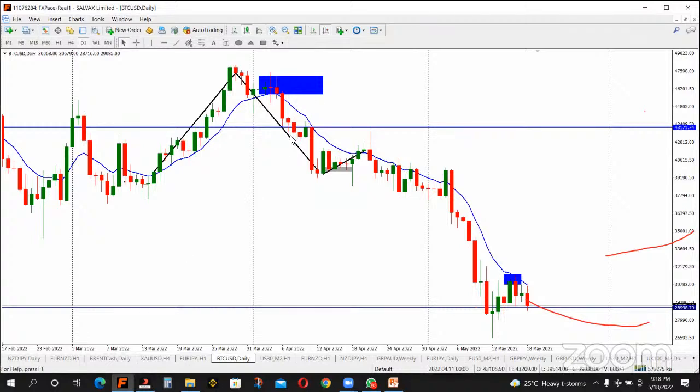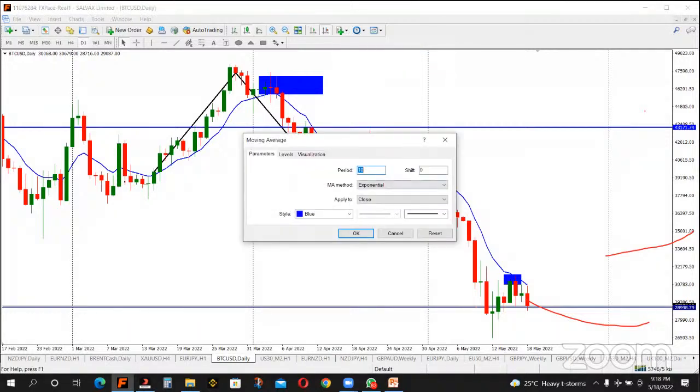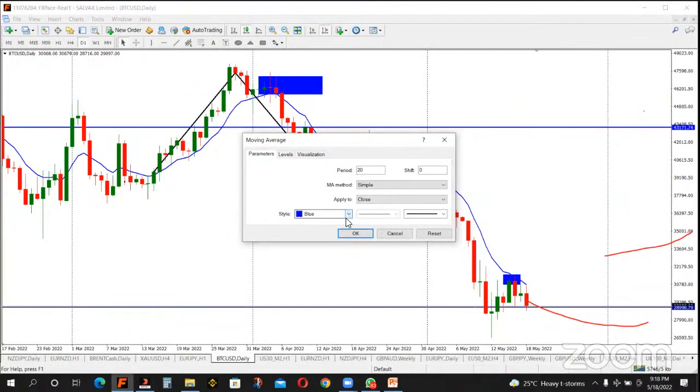Okay, this is for one moving average. I have just told you. Let me plot the second one. It's the same way. I'll go to moving average. This is 10. I'll change it to 20. Now, since it's a higher moving average, I want to use simple moving average. To differentiate the moving averages, I'll put this one as black, any color of your choice.